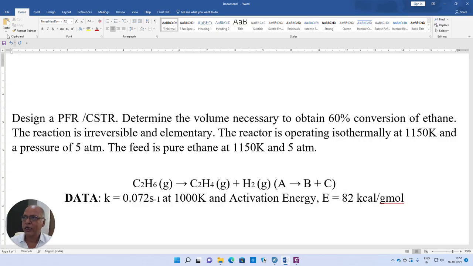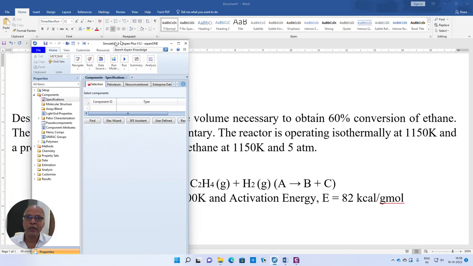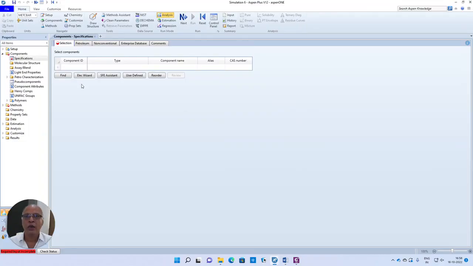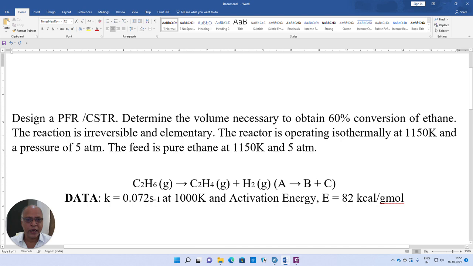Now let us try to design this reactor for this particular example using Aspen. So the components that we are handling are only three: ethane, ethylene and hydrogen. So first of all, define these components.